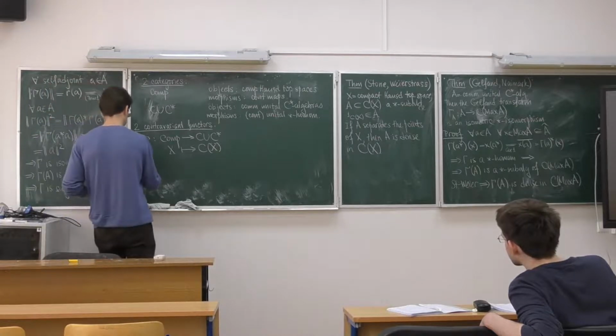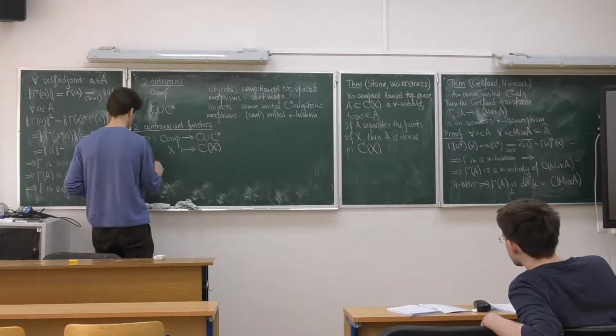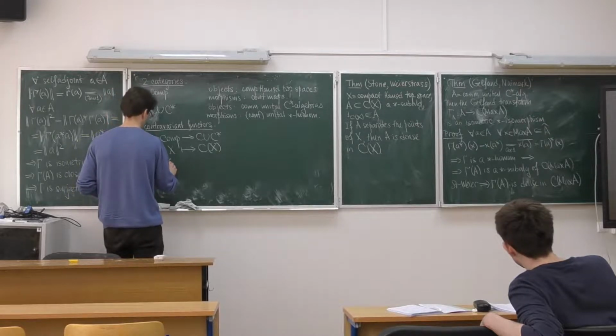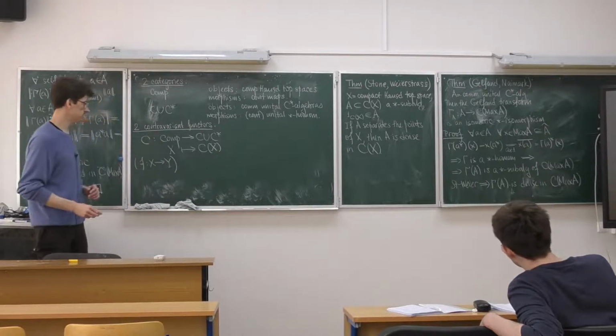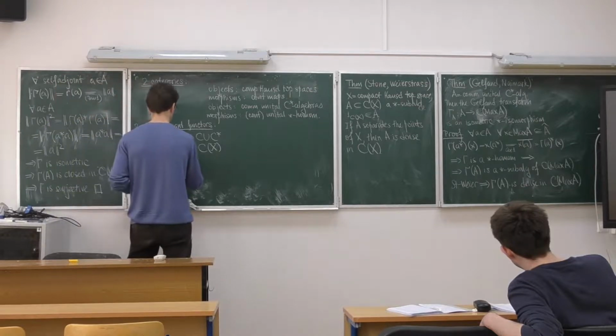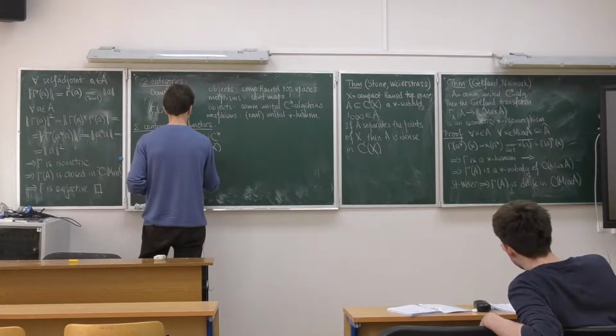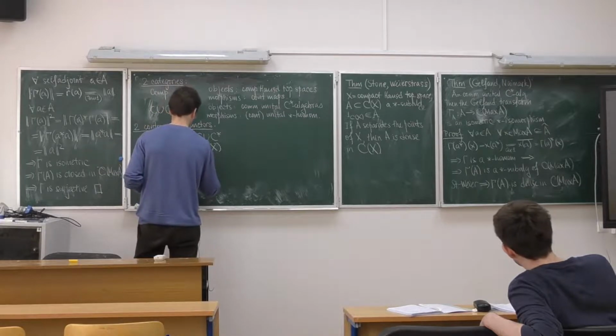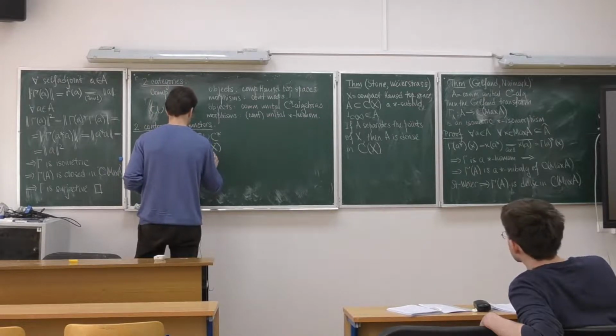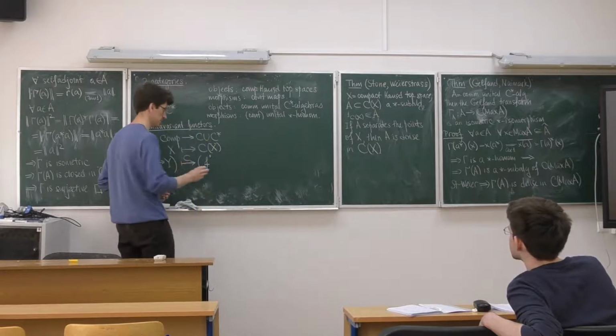And if we now have a continuous map F between compact spaces x and y, then our functor takes this map to the homomorphism which we have already met in the previous lecture. It is denoted by F dot.